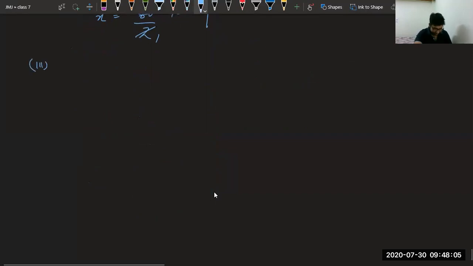Okay, let's see the third part, the language. People of Sundargram planted trees in the village garden. Some of the trees were fruit trees, and so there are some fruit trees in the garden. The number of non-fruit trees were 2 more than 3 times the number of fruit trees.